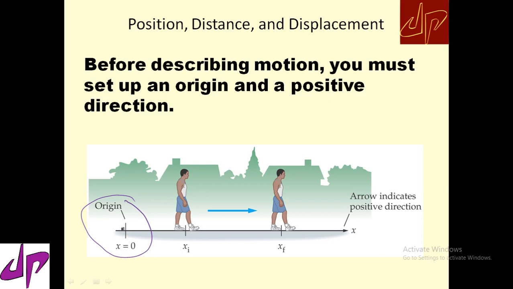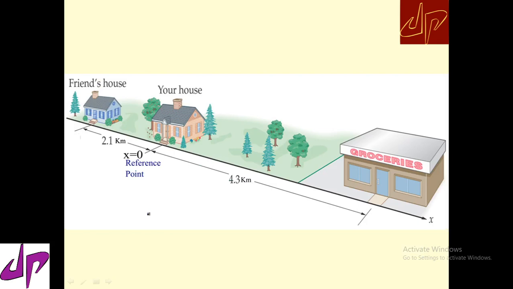Let us see an example here. This is your house. You want to move to this grocery shop. You have to start from your house to reach the grocery shop. So your house we have taken as the reference point, the starting point where you are starting the motion. Now you started from here and you reach the grocery shop at a distance between them of 4.3 kilometer.